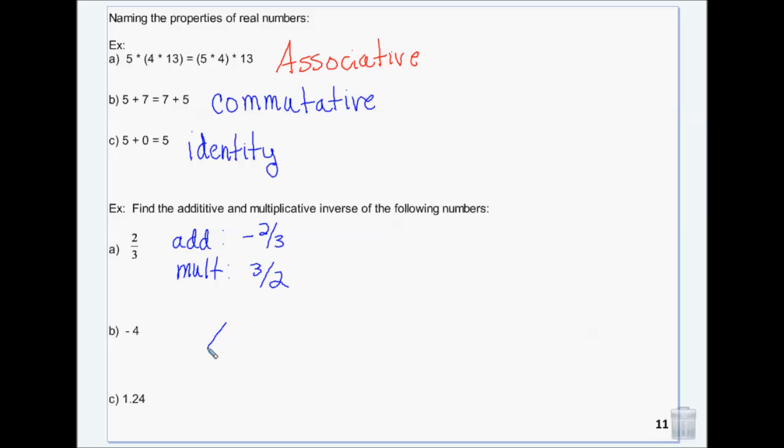I can do that. -4. Okay, it's negative, so my additive inverse is the opposite, so that's positive. And my multiplicative is the reciprocal, same sign, just flip it over.